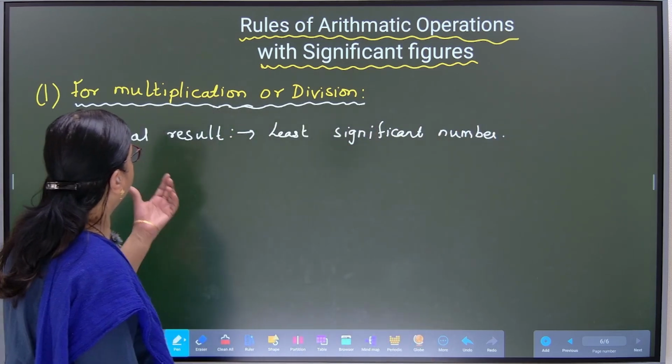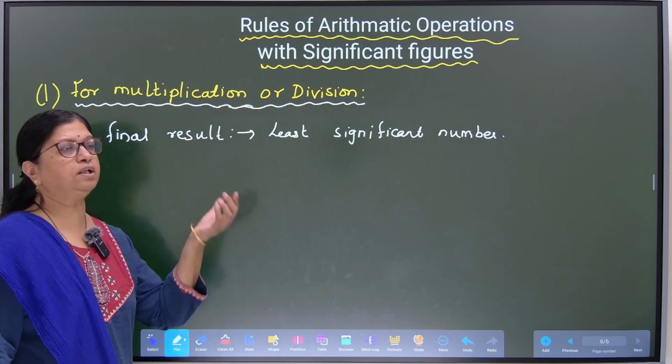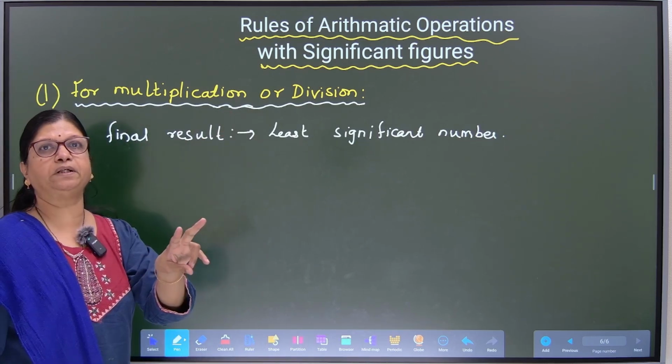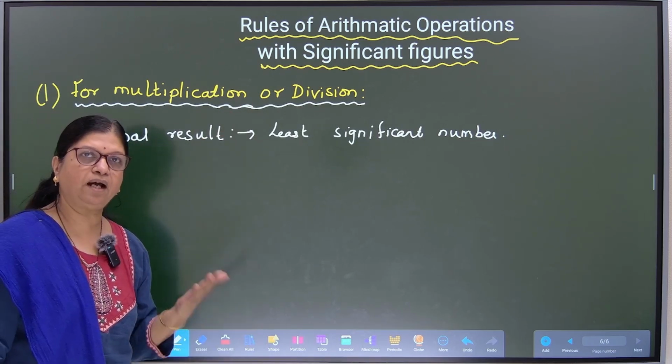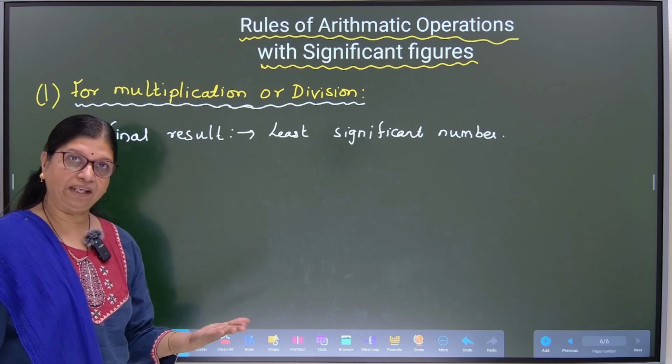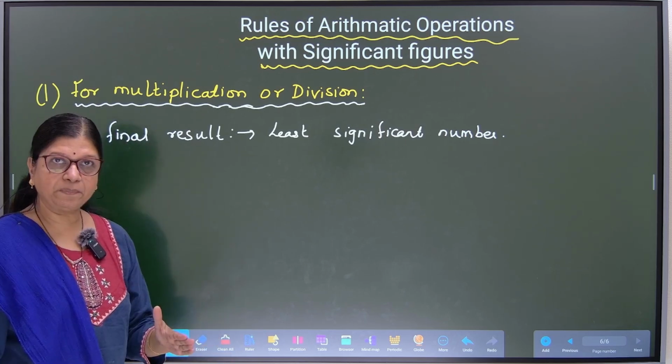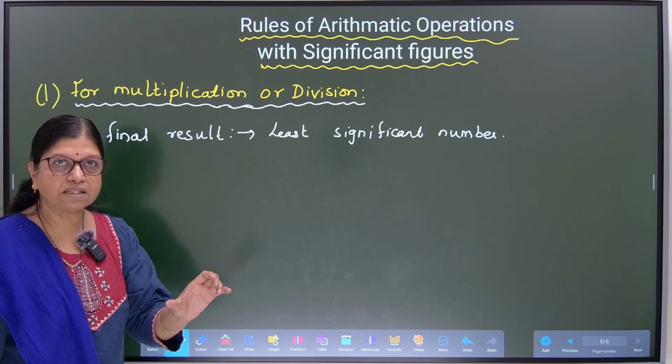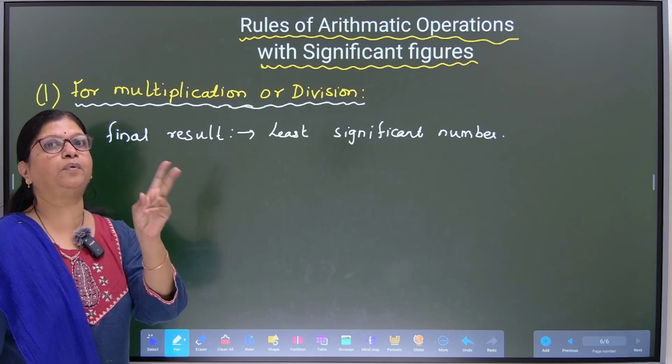Okay, so for the multiplication or division of two numbers, I will get a final answer. That final answer must be having a significant number which is less among the two.